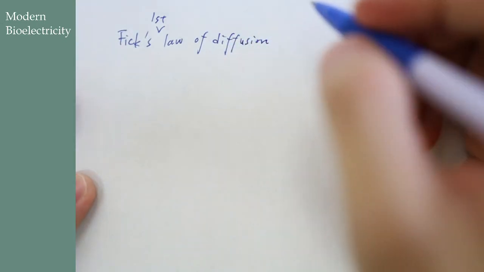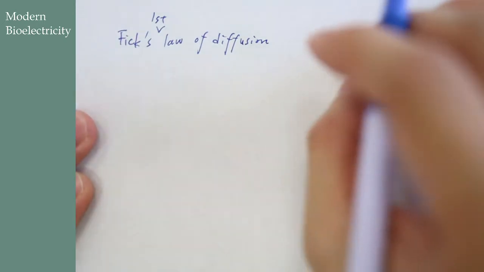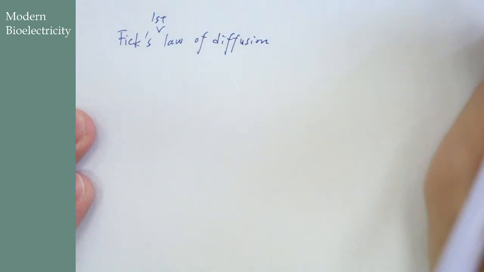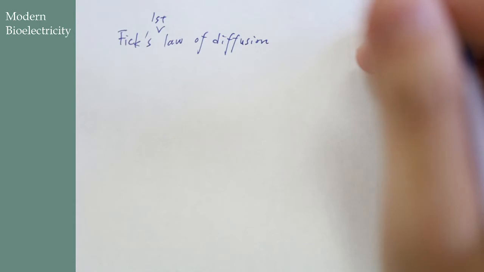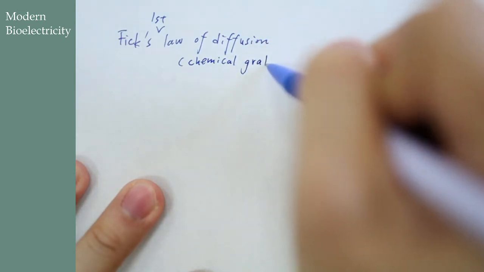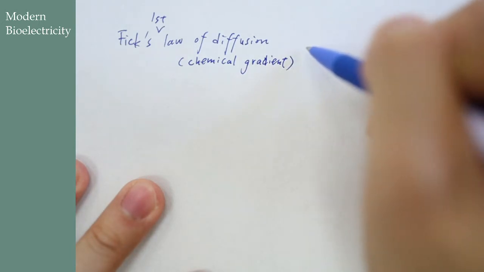We calculate the diffusion of the ions from one side of the membrane to the other side by the concentration difference, which is the chemical gradient. So what's Fick's law?